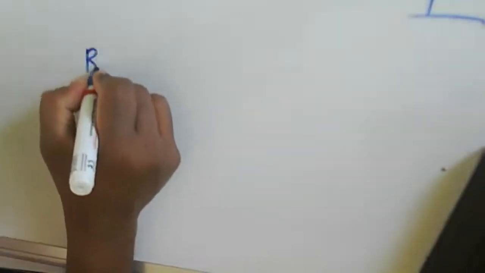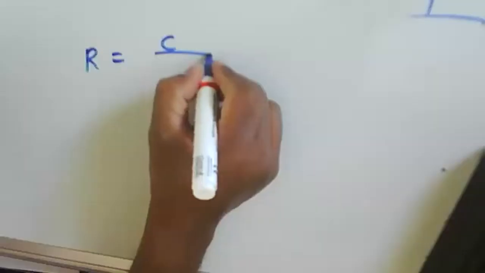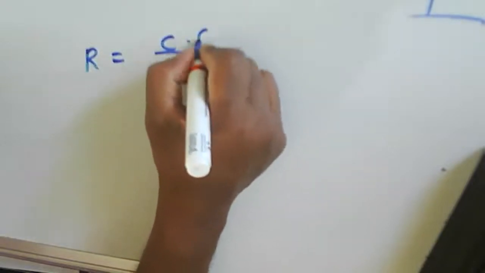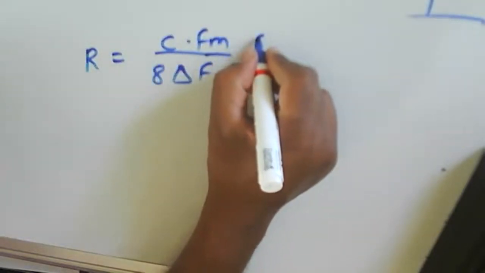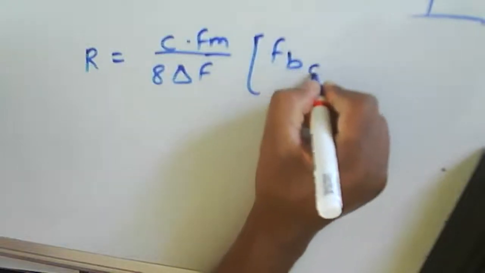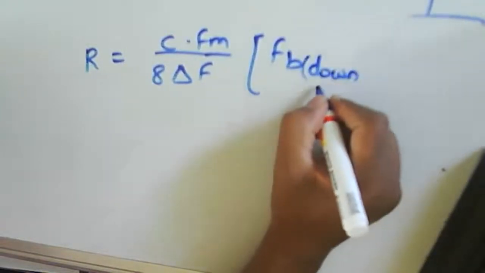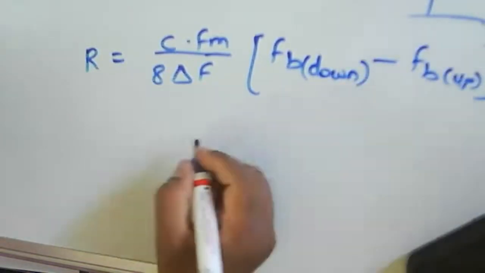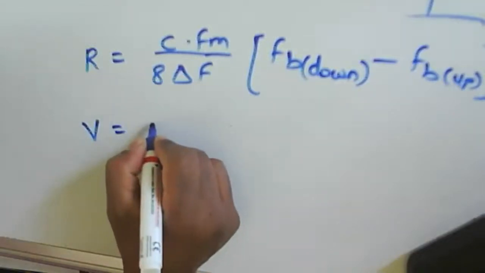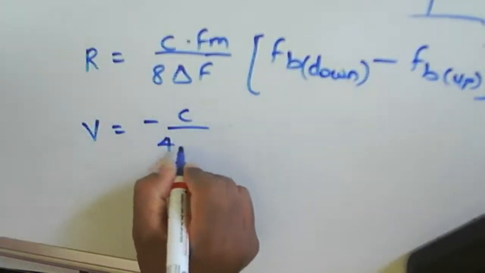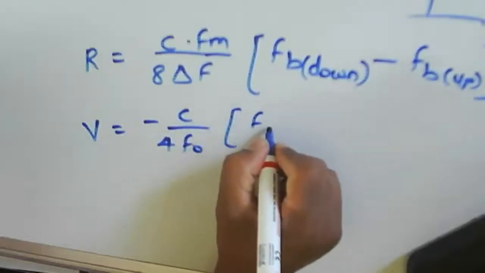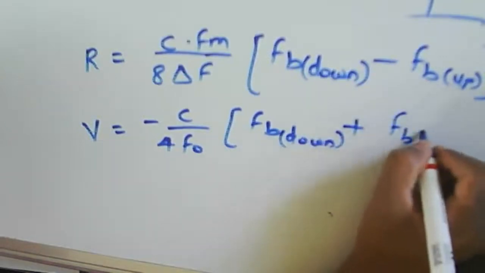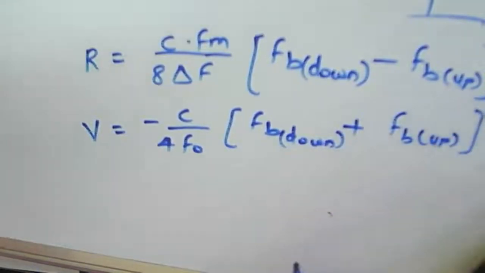The range of the object we can define as c by 8 del f into fm, into fb downshift minus fb upshift, and the velocity is equal to minus c by 4 f0 into fb downshift plus fb upshift.